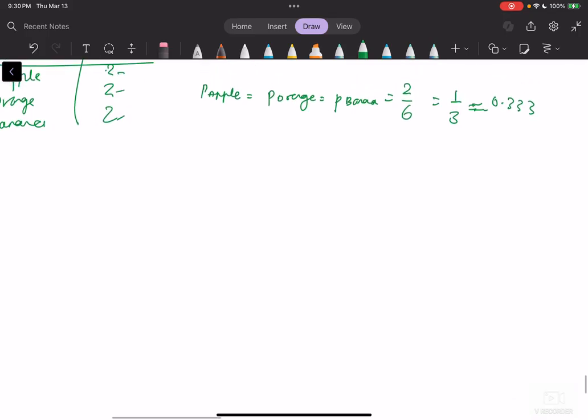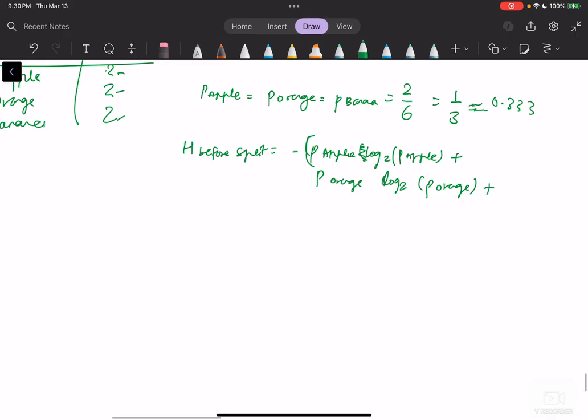So what does our entropy look like before the split? H before split is going to look like negative of P apple log 2 P apple, and then plus, everything's in bracket, P orange times log 2 P orange, and then plus P banana log 2 P banana. I'm closing the bracket, so everything has this negative sign multiplied.